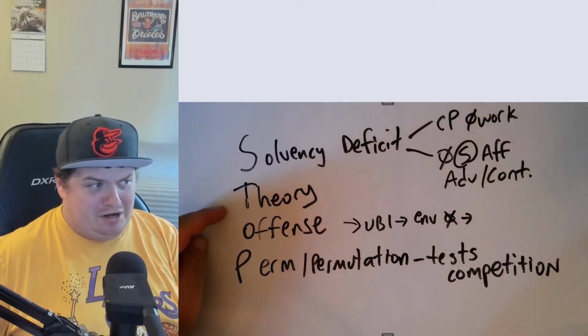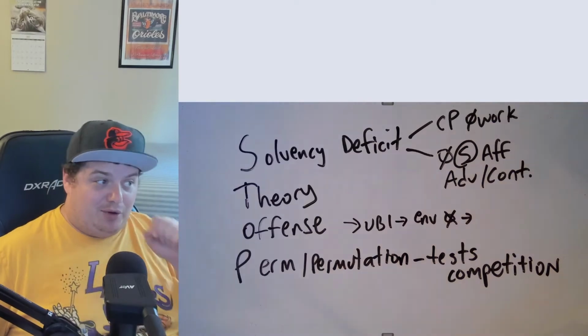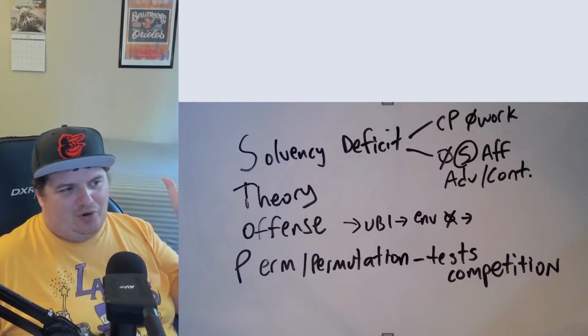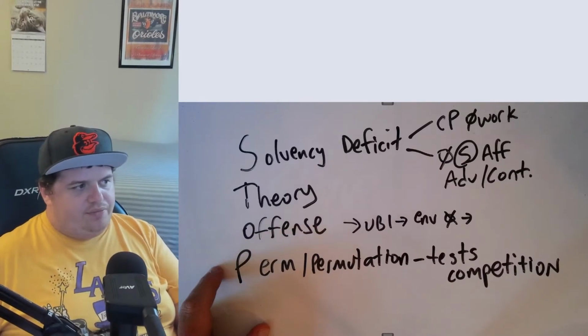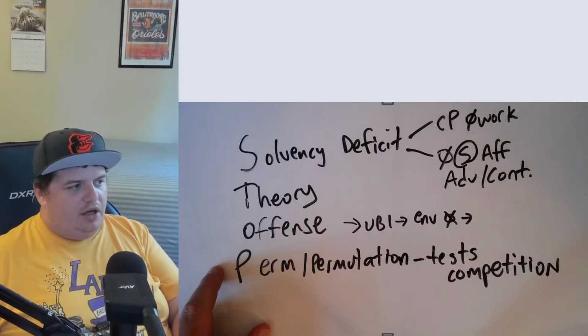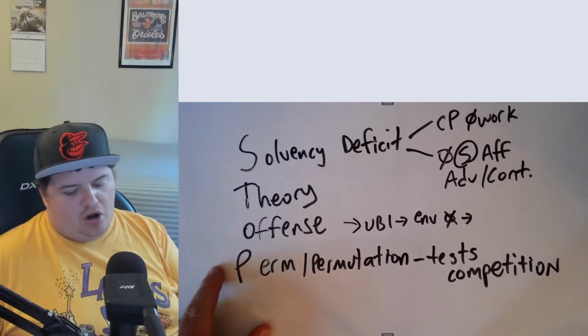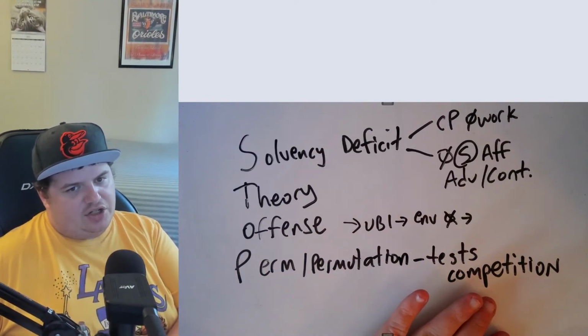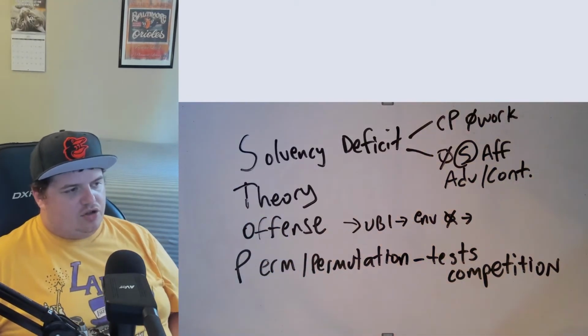Not as in depth as theory is, but you can make theory arguments about permutations. That's also on another level. We're going to spend a whole time in a bit talking about permutations themselves, so I just want to leave it at test competition for now. But these are the 4 basic ways that you can answer a counterplan.